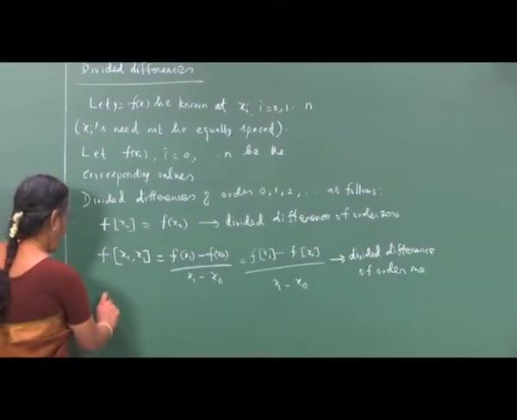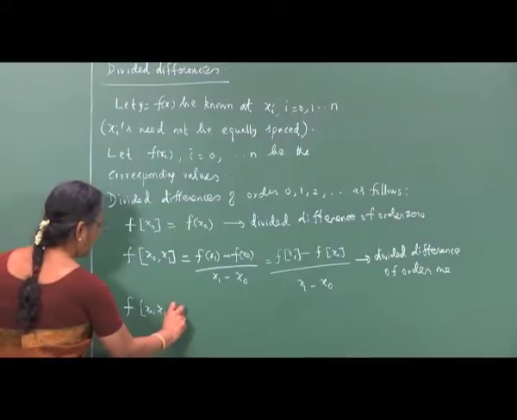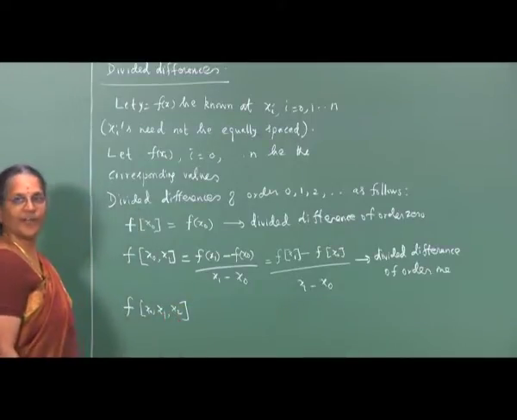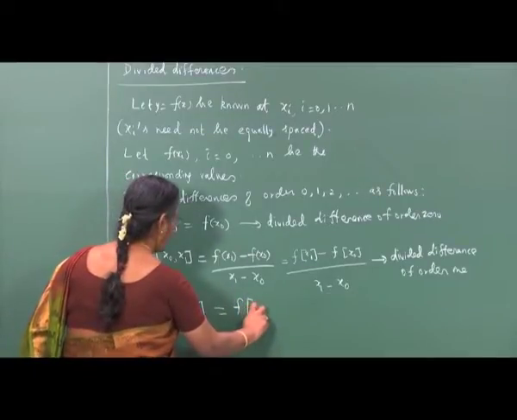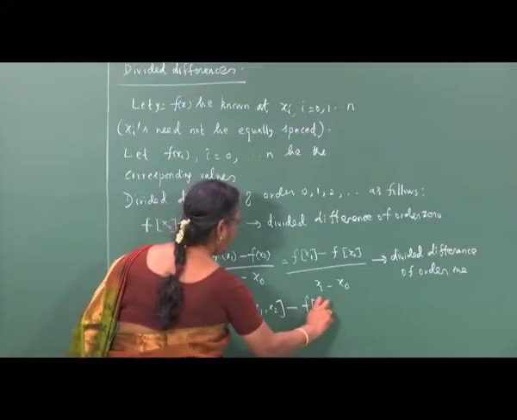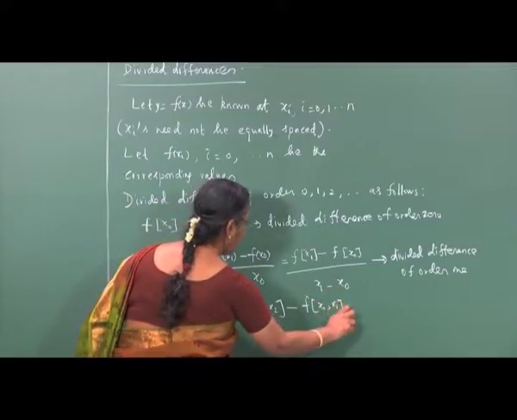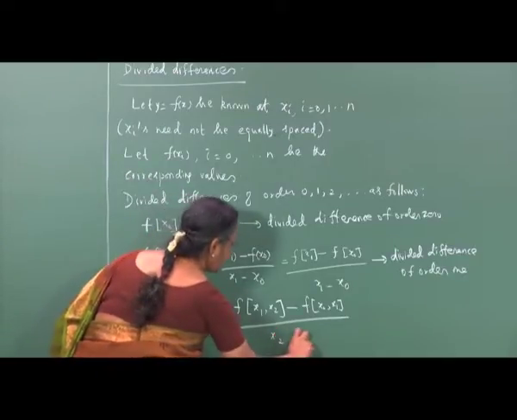So, we write down now the divided difference of order 2 and denote it by f of x naught, x1, x2. So, that will be f of x1, x2 minus f of x naught, x1 divided by x2 minus x naught.